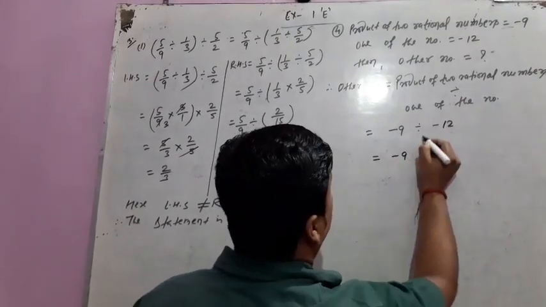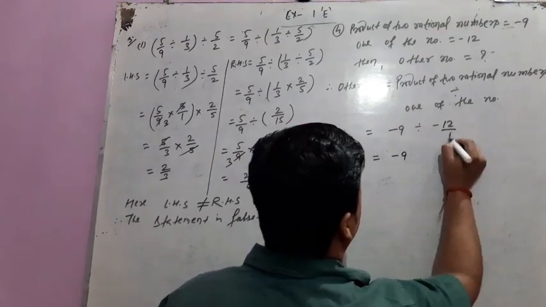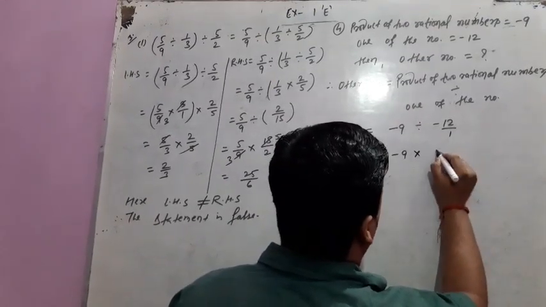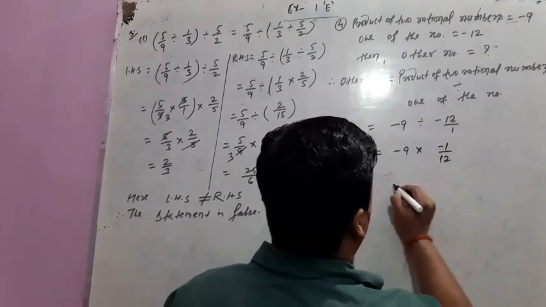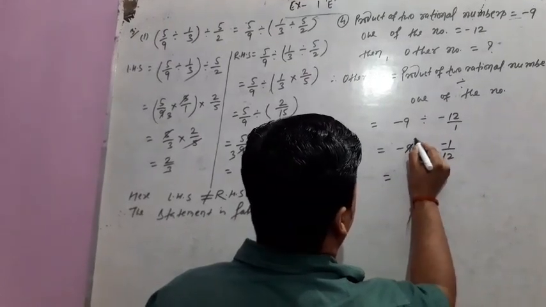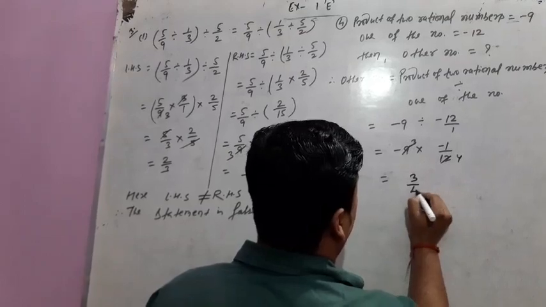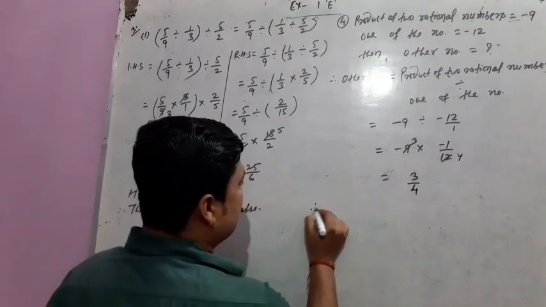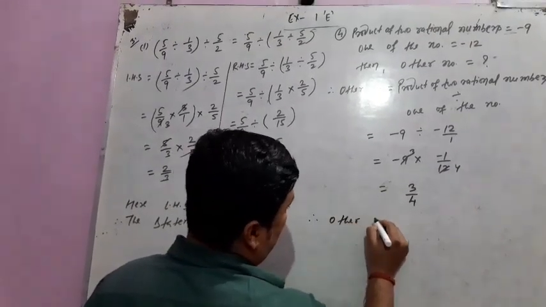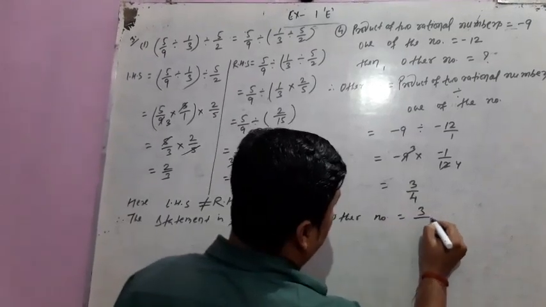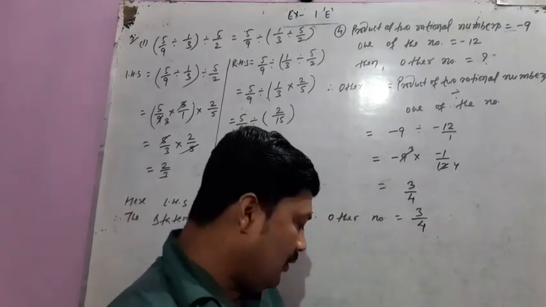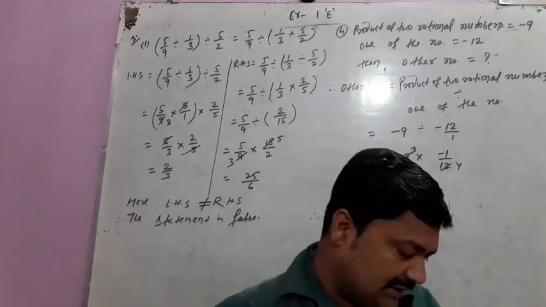Now minus 9, when the divide sign turns into multiply, the next term becomes reciprocal, minus 1 by 12. Now reducing the terms, 3 threes are 9, 3 fours are 12. Minus minus plus, 3 ones are 3 and here 4. Therefore the other number is equal to 3 by 4.